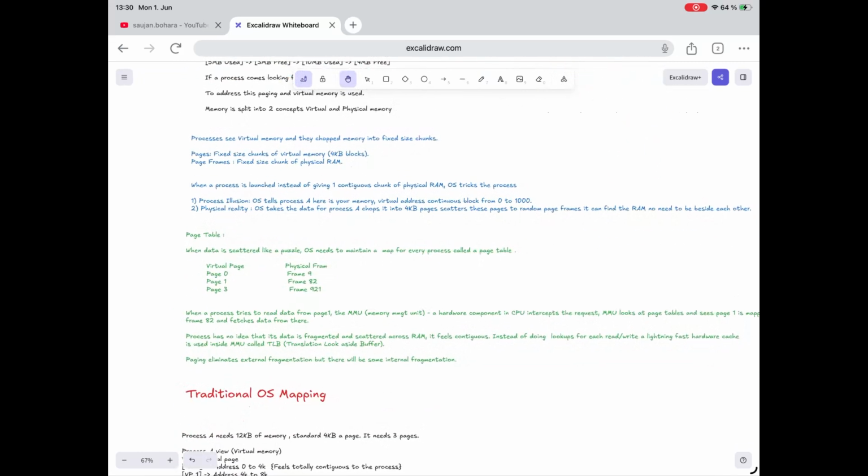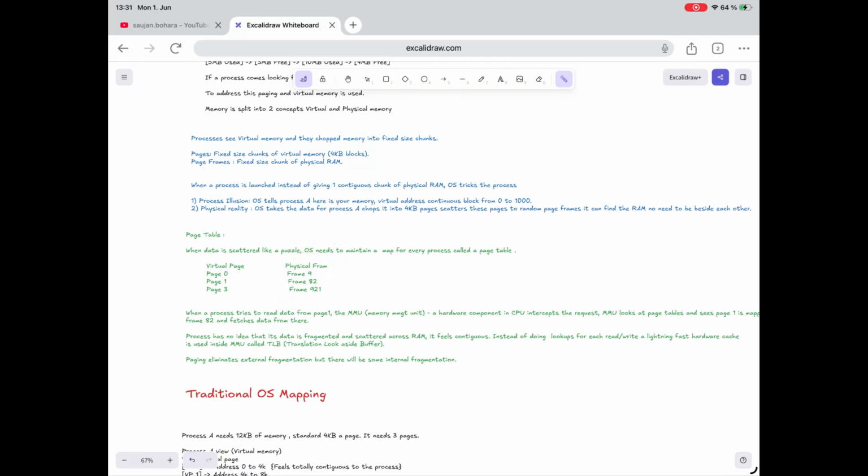So what it looks like for a process is that your process would think that it is getting a contiguous block of space, right? So in virtual memory, you might get something like page 0, page 1, and then page 2. But then these pages are actually mapped to completely different random physical frames in your RAM, right?